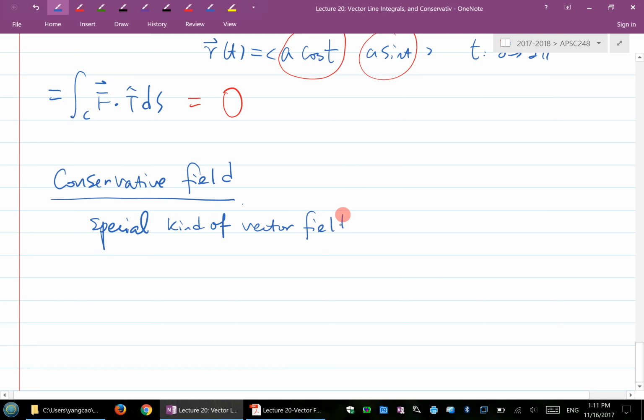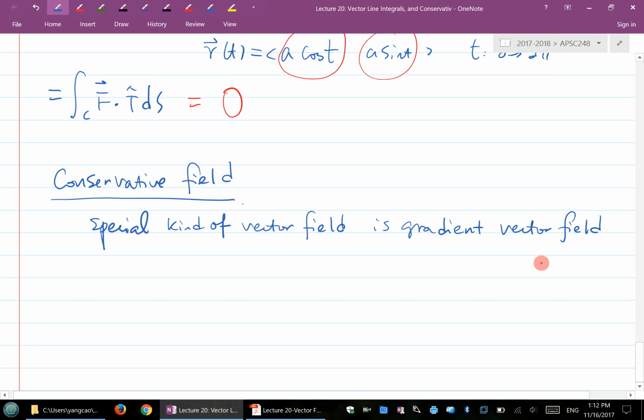Now there is a very special kind of vector field, the so-called gradient vector field. I'm not actually talking about conservative fields yet, but a gradient vector field basically is the conservative field.